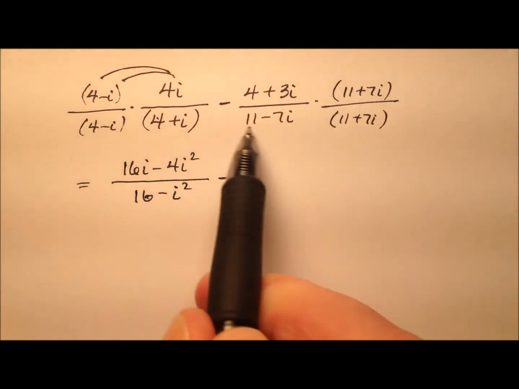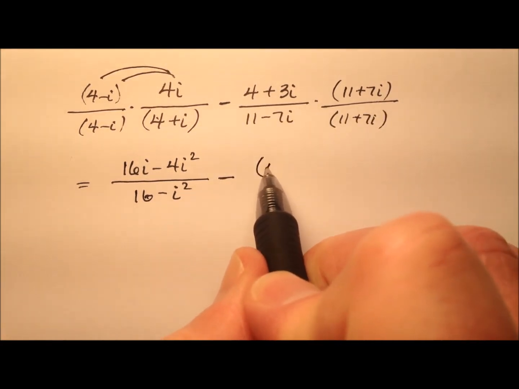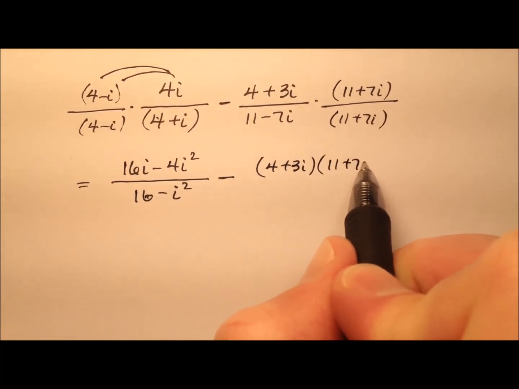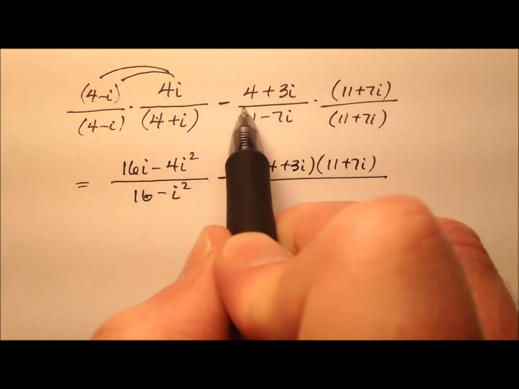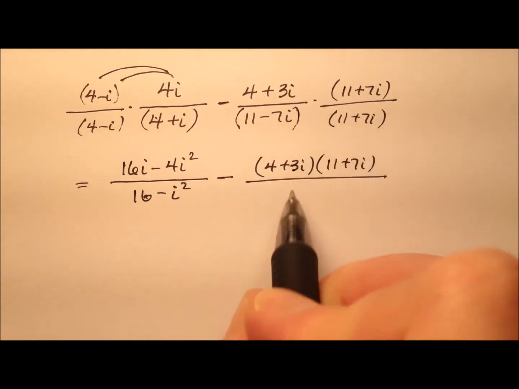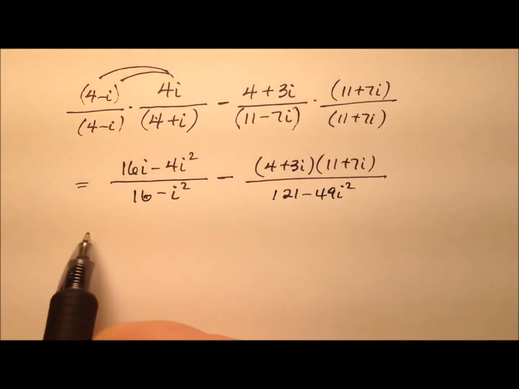Okay, and let's go ahead and subtract the second fraction. So minus, and what I have here is this 4 plus 3i times 11 plus 7i, and that of course is all over these complex conjugates being multiplied, so 121 minus 49i squared.